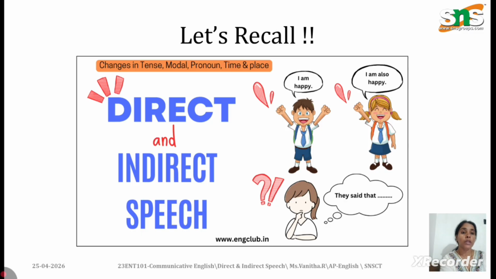Then the statement inside the quotation in direct speech is in simple present, so I change it into simple past. When I change it into indirect speech, it goes like, she said that she was tired.